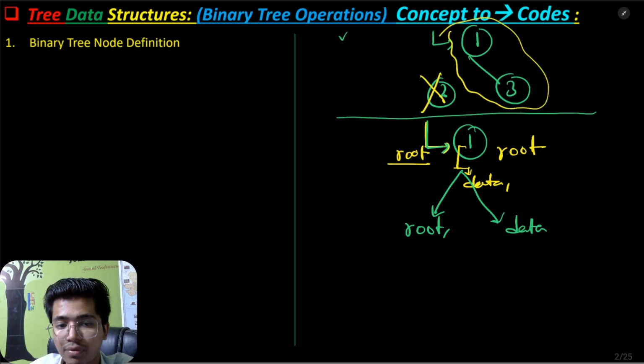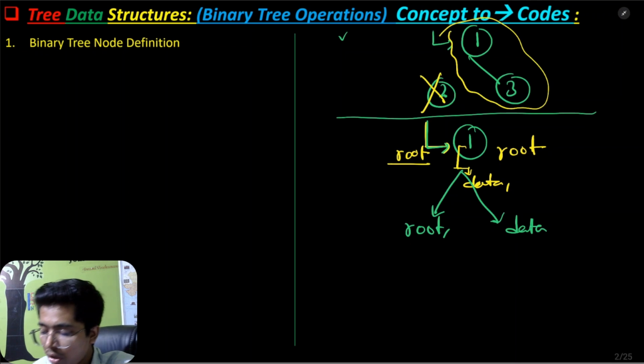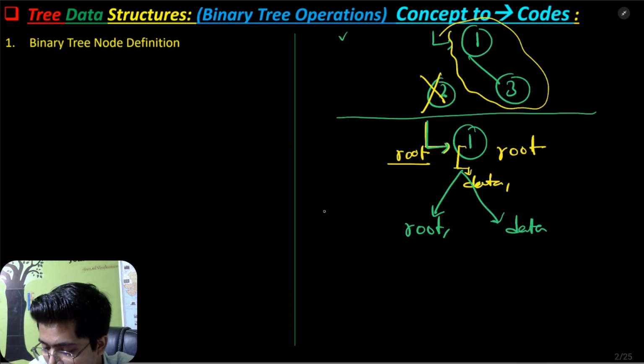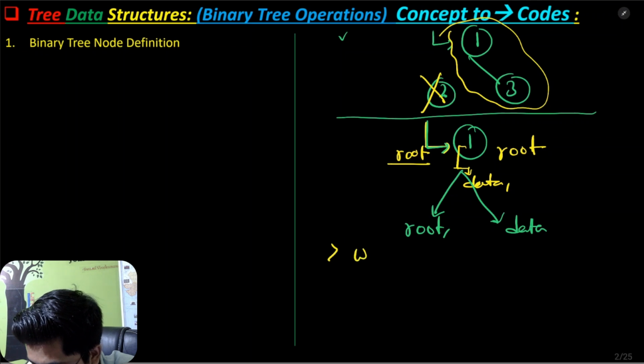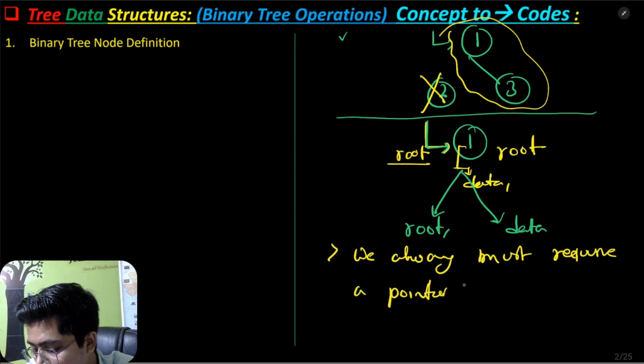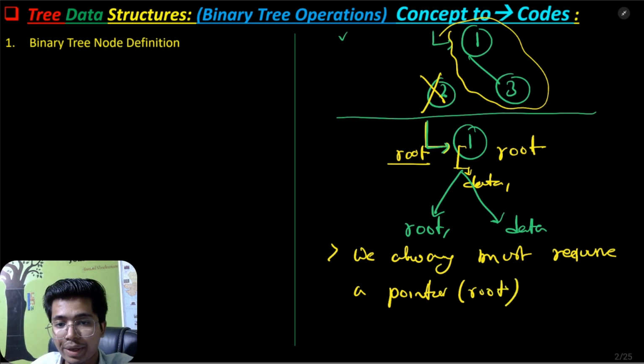Thus the tree is a draft that has no value. So we must always require a pointer, or this is called root type of the reference. Okay, so we got it.